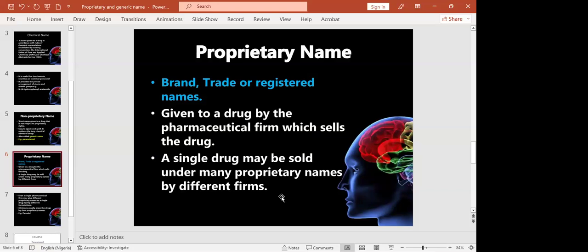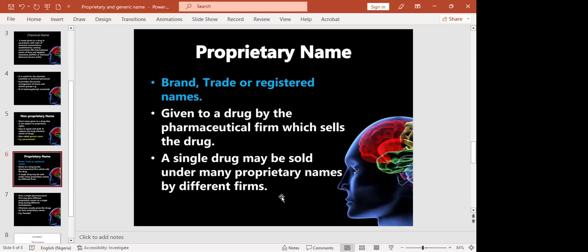So if we all make vitamin C, Temi's own can be Temi C, Mrs. Oke's own can be Oke C, Abi Esther C, mine could be Soje C, and so on and so forth. But at the end of the day, the generic name inside all of our vitamin C drugs is still vitamin C. It's just that our proprietary names are different. So a single drug may be sold under many proprietary names by different firms.